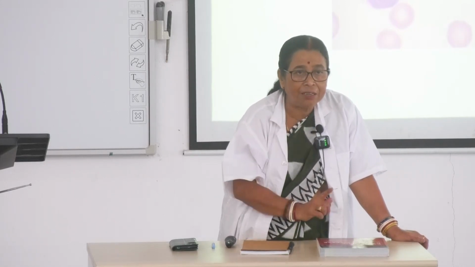In case of AML, there is hepatosplenomegaly, lymphadenopathy, and involvement of the CNS, meningism, meningeal involvement, and these features are overlapping. In case of ALL, we also get these things. Clear? In case of ALL, lymphadenopathy is prominent, but in case of AML, lymphadenopathy is not prominent.